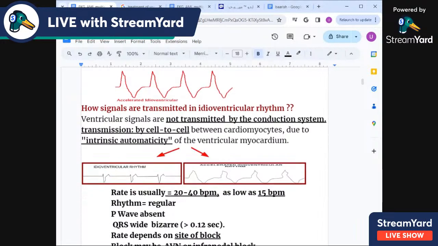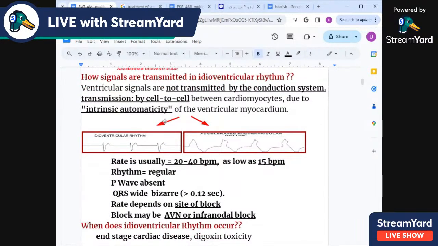And there are two types of the idioventricular rhythm: a regular one and an accelerated one. In the regular one, the rate is 20 to 40 beats a minute, but it may be as low as 15 beats a minute. Whereas in the accelerated one, the rate is 40 to 100 beats a minute.